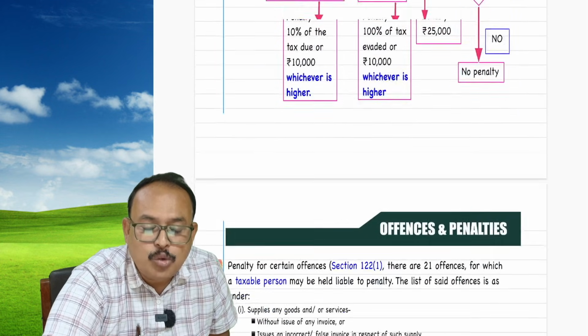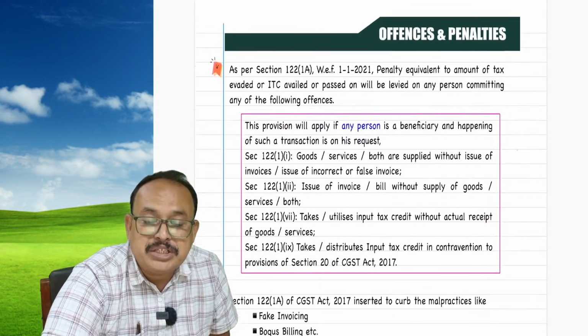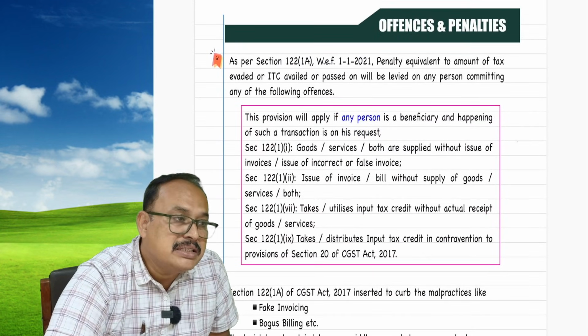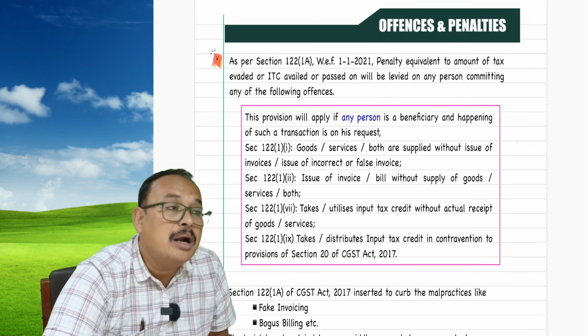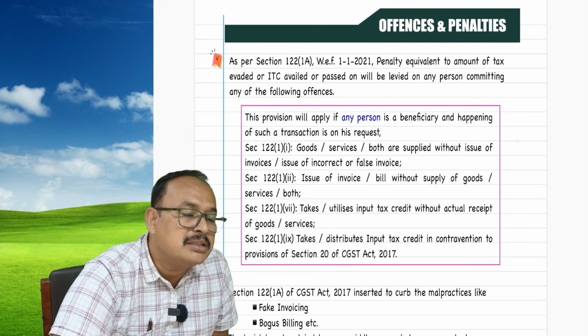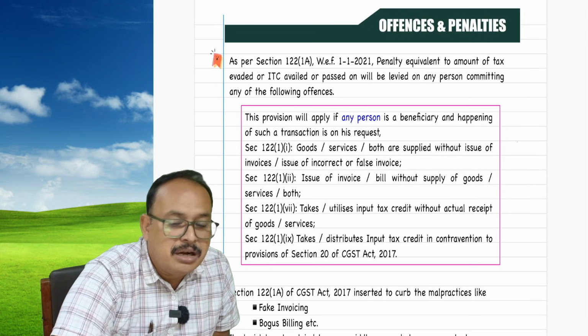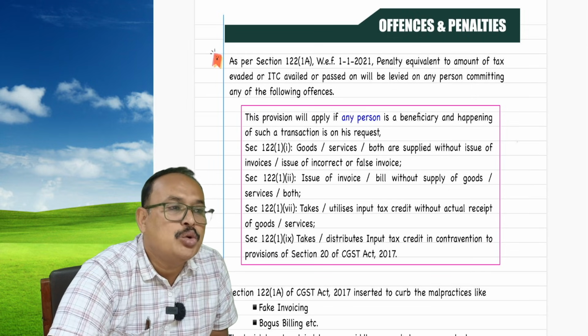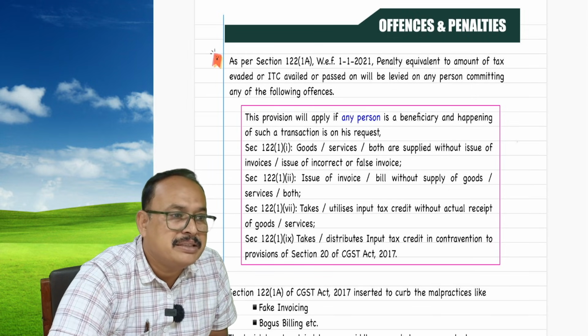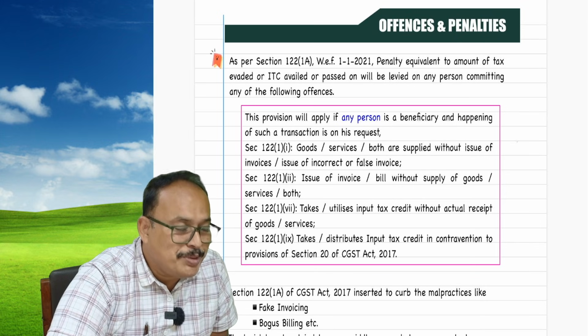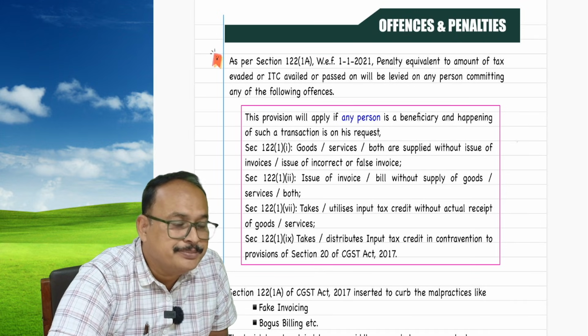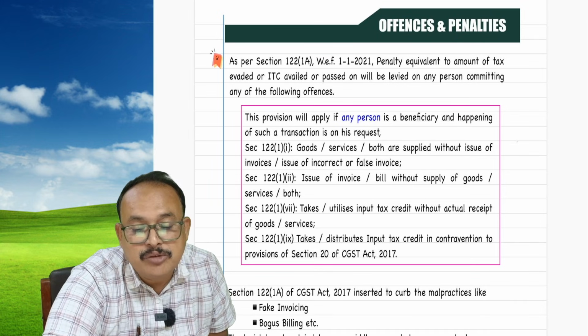Further, Section 122, sub-section 1, clause A: offences committed by a third person, a kingpin, a mastermind. He will also be liable for this particular penalty of 100% of the tax or 10,000 rupees, whichever is higher. What offences are involved here?